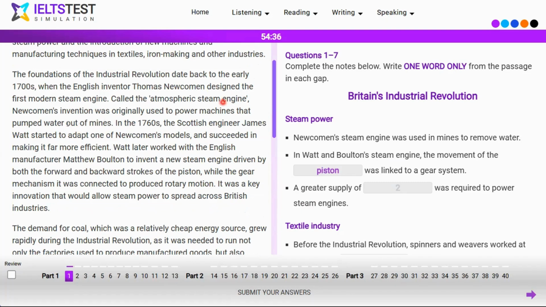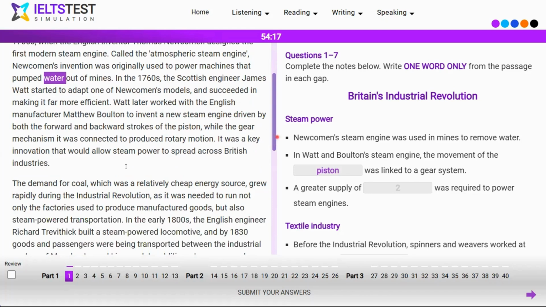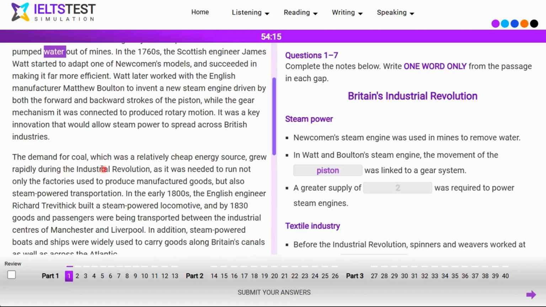Atmospheric steam engine. Newcomen's invention was originally used to power that pumped water. No. Is it greater supply of water? No. Making it more efficient. What later worked with, okay, while the gear mechanism was connected, it was a key innovation that will allow, okay, the demand for coal grew. I think this thing is going to be coal, C-O-A-L. Look at this place here.